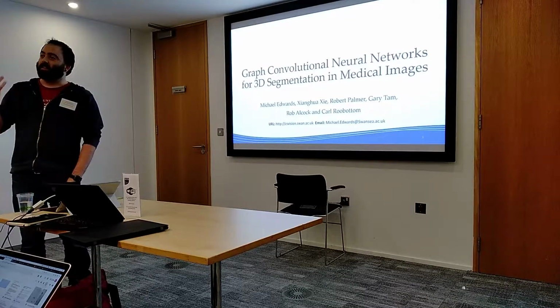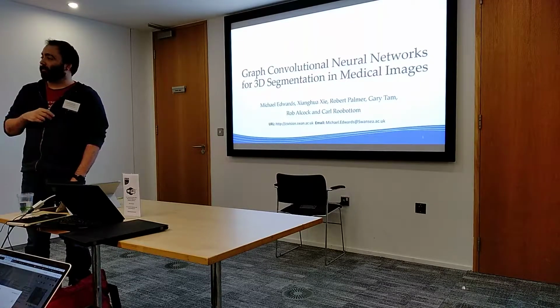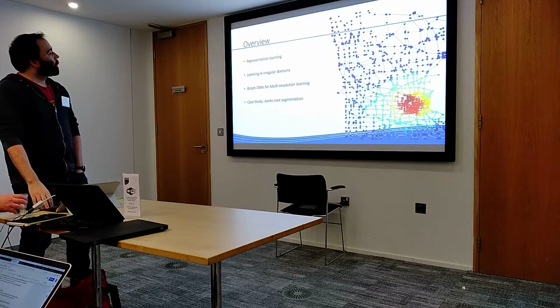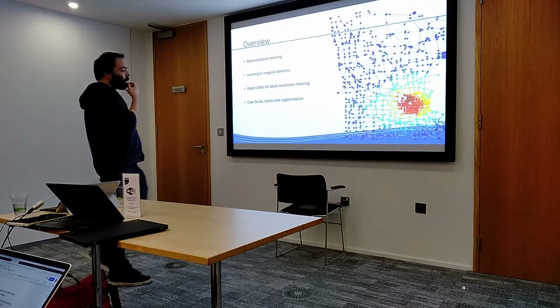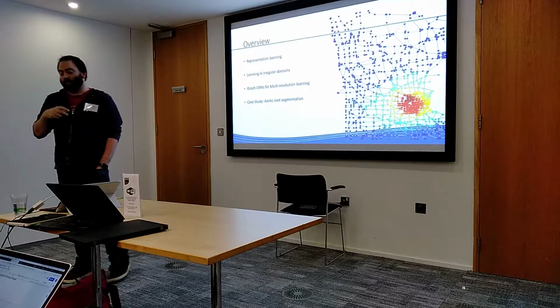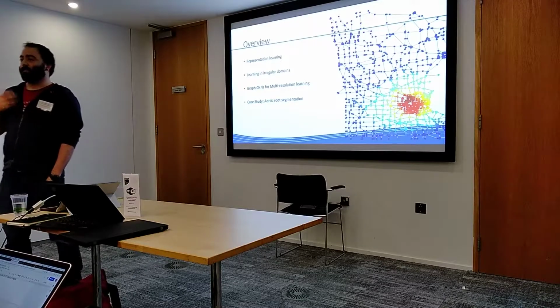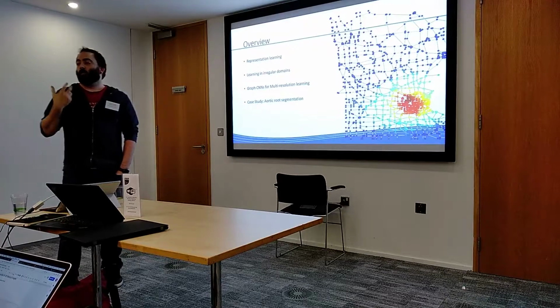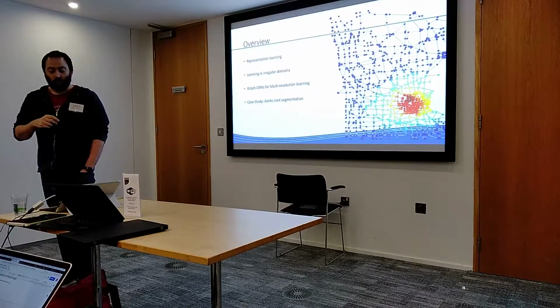What's quite nice is it does tie in with a lot of the talks that we've had so far, so I can use those for my own nefarious benefit. So I'll be talking about representation learning in general, and this will be pretty redundant for a lot of you here, but it is important to set the scene for where we then go in terms of graph CNNs.